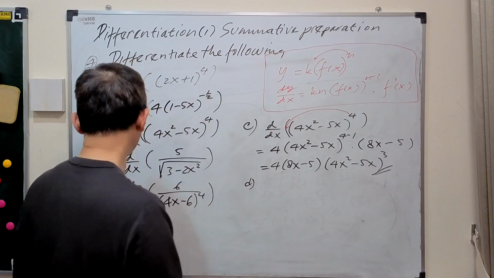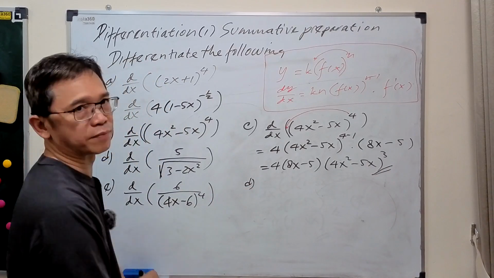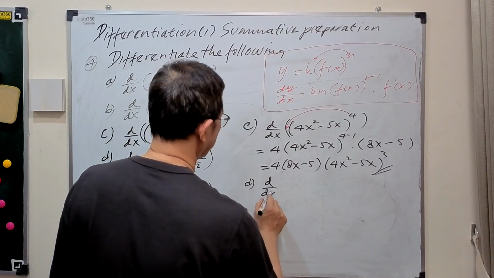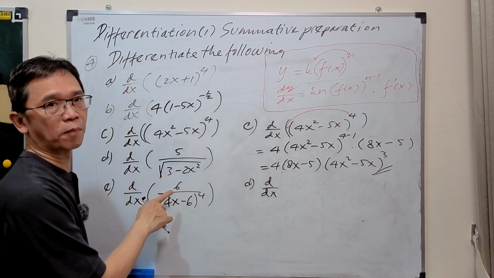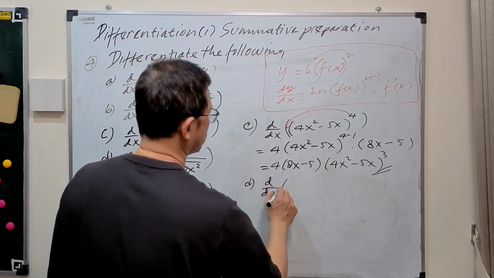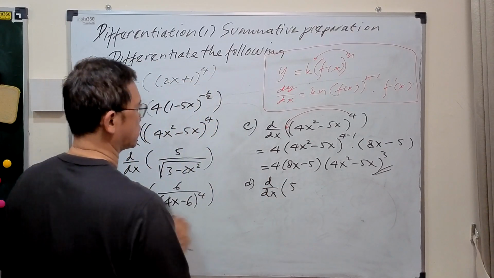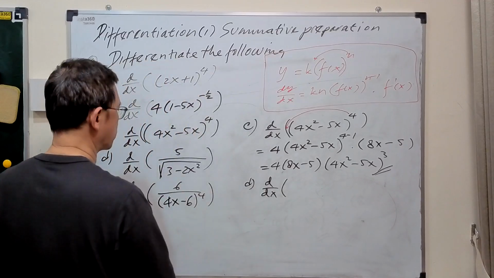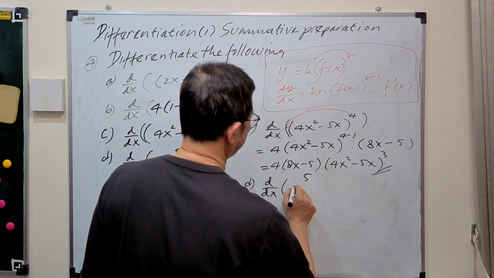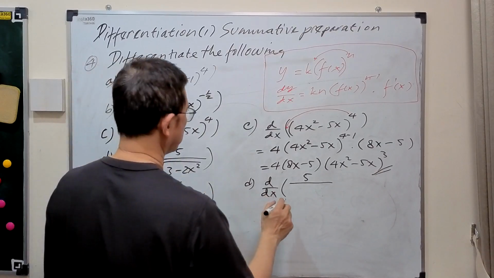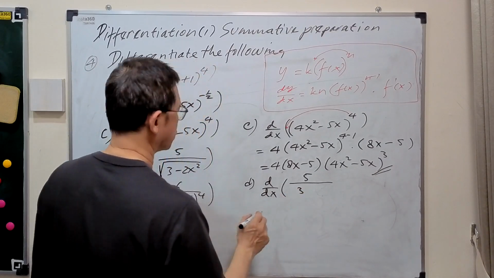Okay, for D, here the bottom is in root form, so you got to express this, let me do it slowly, step by step. Express this in exponential form.